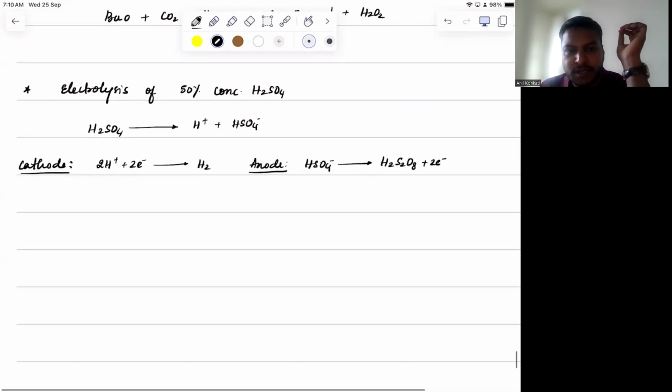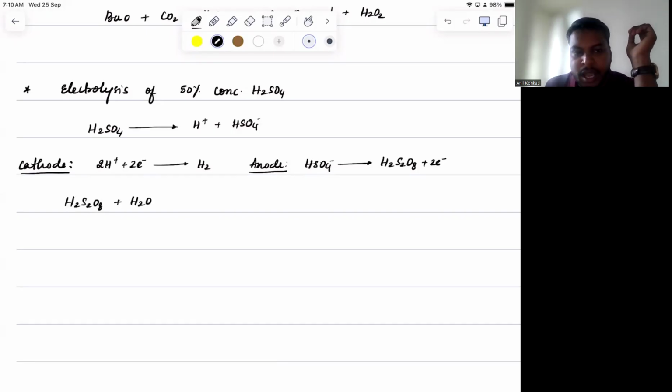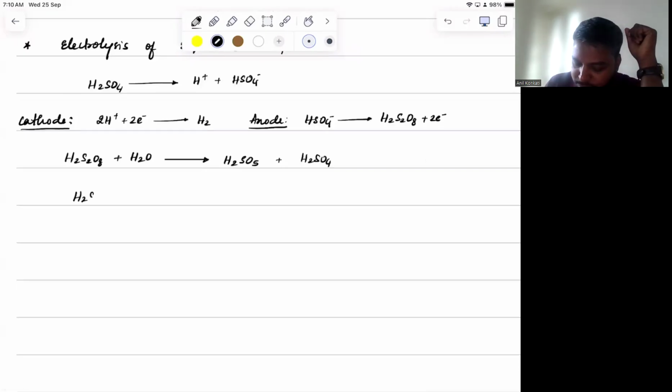Got it? And you would notice that because you keep it in an aqueous solution, this will undergo hydrolysis as well. Due to hydrolysis, it will form H2SO5 plus H2SO4. These are the two parts which you will get. And H2SO5, on hydrolysis, will give us H2SO4 plus peroxide, H2O2.